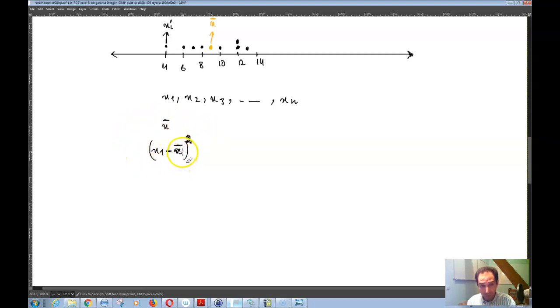So then we came up with the idea of getting rid of the absolute value function, and instead squaring all of the distances.